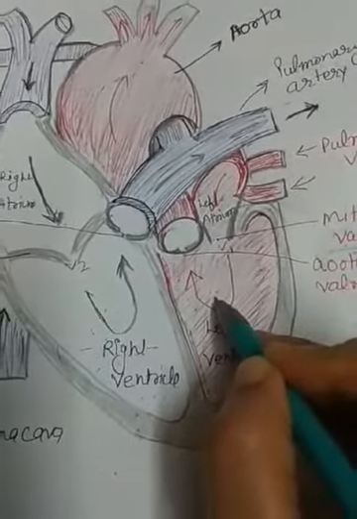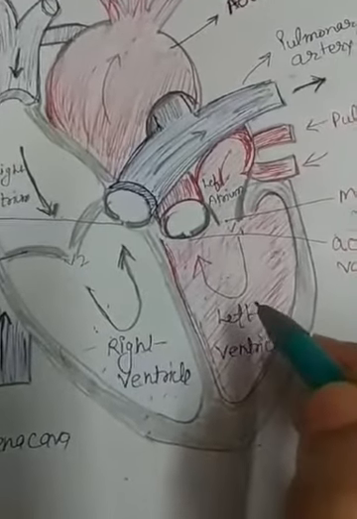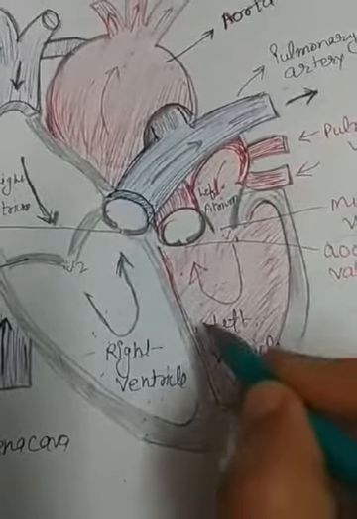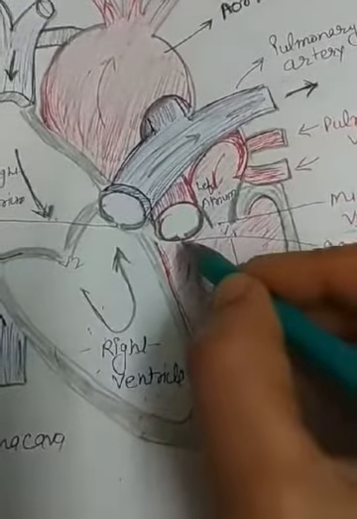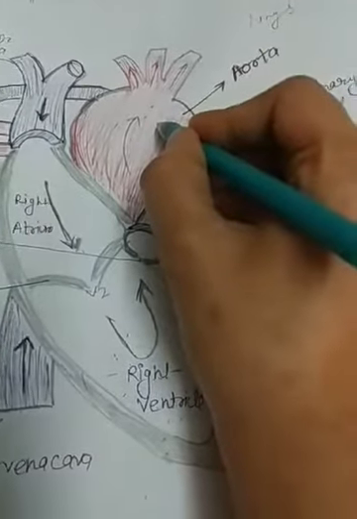Now, when the left ventricle contracts, the oxygenated blood is forced into the main artery which is called the aorta.